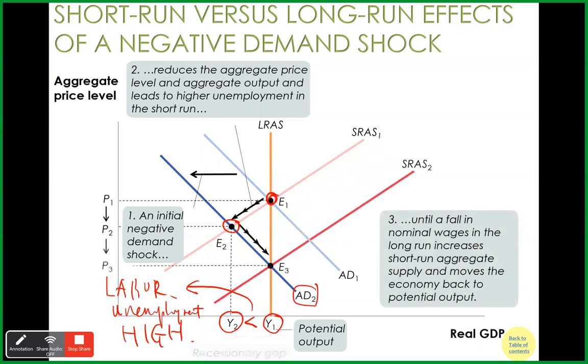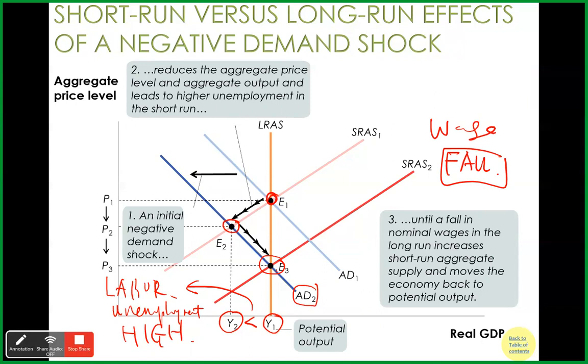Now what happened? We are going to move to E3. And why do we move from E2 to E3? Let me write down: wage will fall. What causes wage to fall is high unemployment. Where did the high unemployment come from? It's because there was a negative demand shock, and then there was a recession.